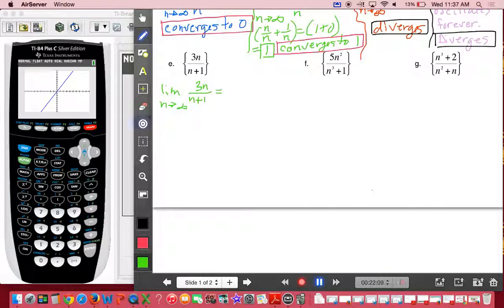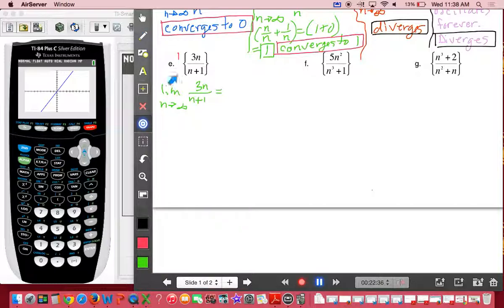I want to look at the degree of the numerator and compare it to the degree of the denominator. Do you remember doing that? To find the degree of a polynomial, you find the degree of each separate term, and the term that carries the highest degree is the degree of that polynomial. So what is the degree of 3n? What's the exponent of n? 1. So the degree of 3n is 1.